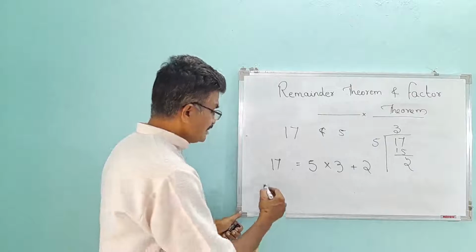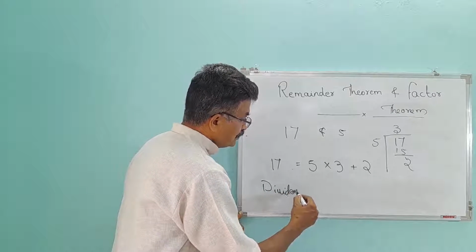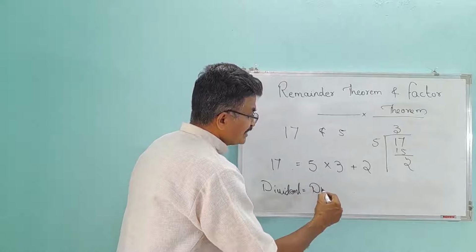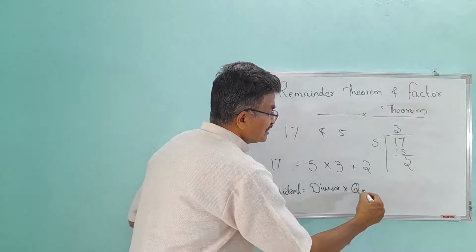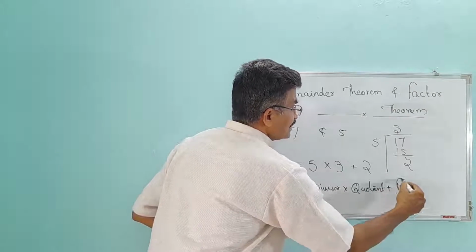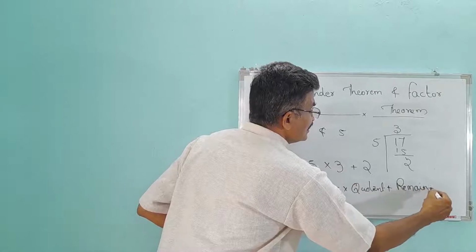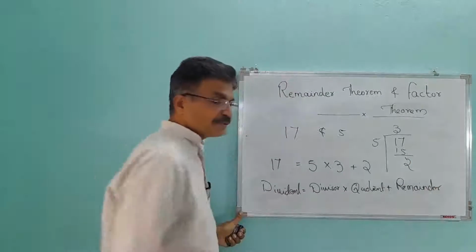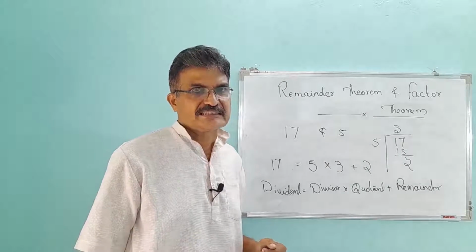The relation is dividend is equal to divisor into quotient plus remainder. You have studied this in earlier classes to check the test of divisibility.